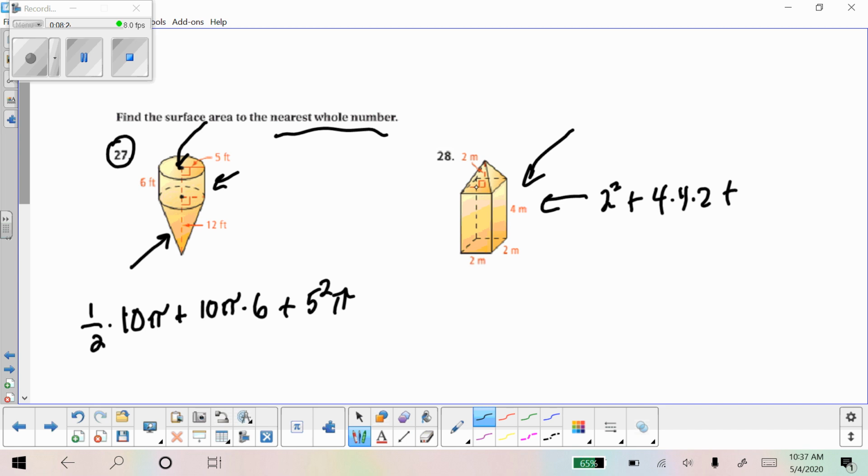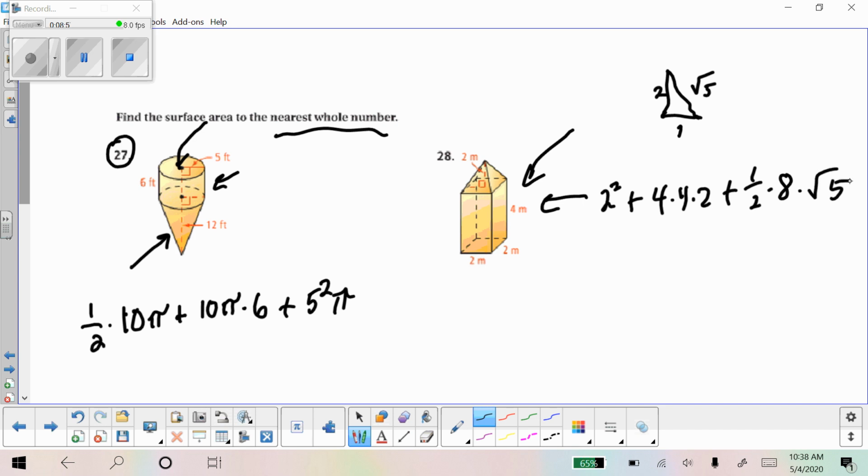And then we have to find the lateral area of the pyramid part, which is 1/2 times the perimeter, which would be 8 times the slant height, which is not given. Here's the little triangle you would use to get that, though. You would have a base of 1 and a height of 2. So it'd be the square root of 5, it looks like.